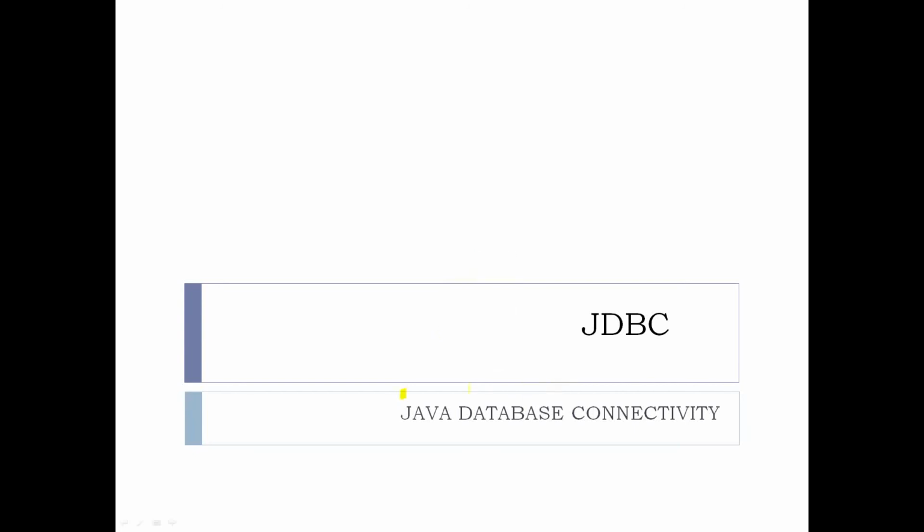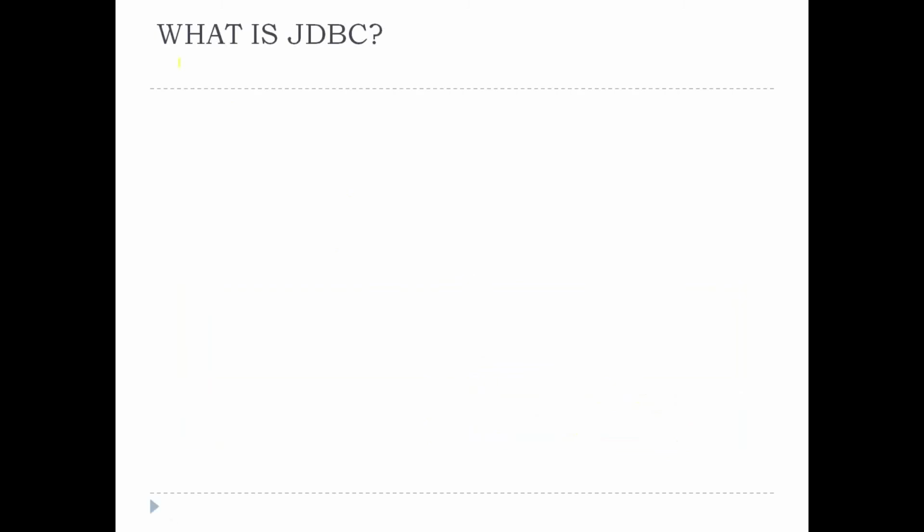So JDBC, as we know the full form, that is fine. What is JDBC? As I said, JDBC is nothing but a Java program to connect to any database. In real time, normally we have Oracle. We have a database called MySQL, which is open source. If you are using PHP also, it is used normally.